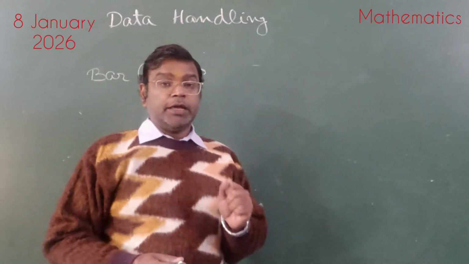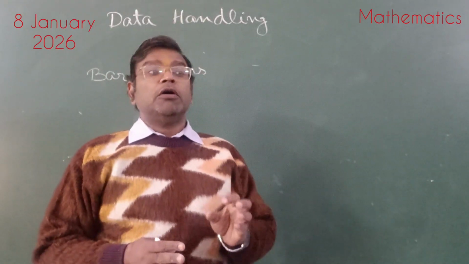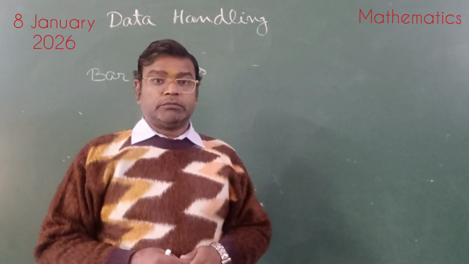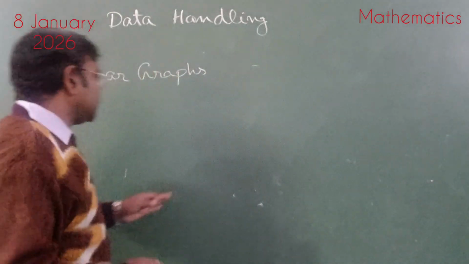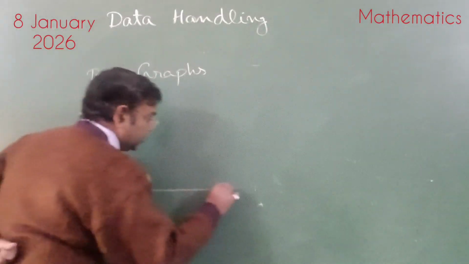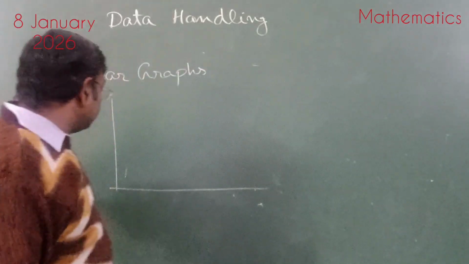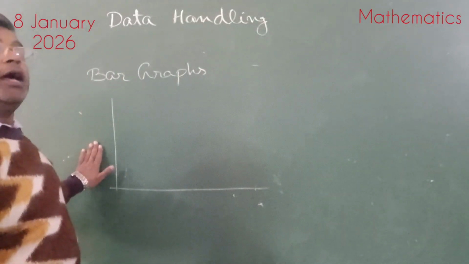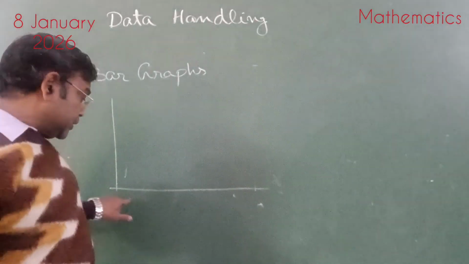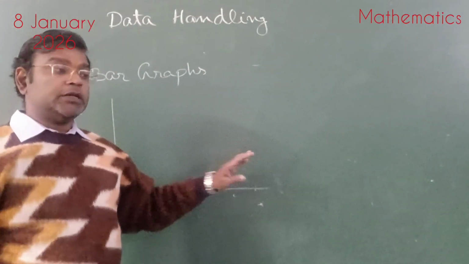For example, if we are going to note down the temperature of every day of this week, we know which thing is variable. The variable thing is represented on the y-axis, and the fixed thing is represented on the x-axis.